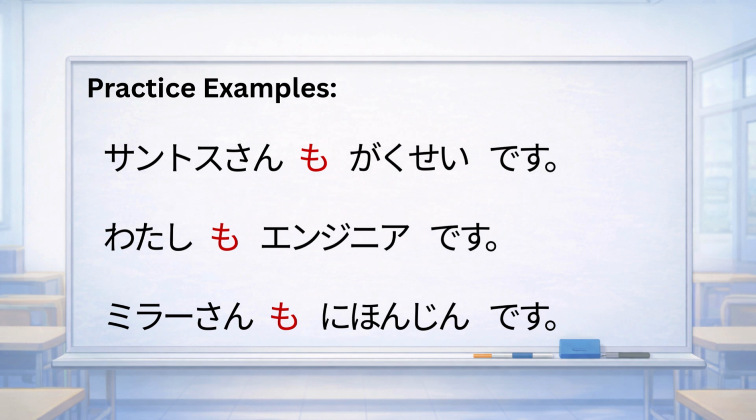Now, here are some practice sentences using も. サントスさんも学生です。私もエンジニアです。ミラーさんも日本人です。 Try to understand each one on your own.